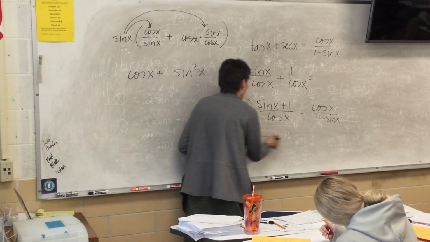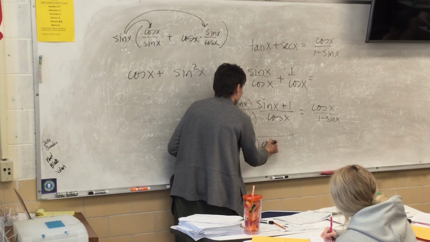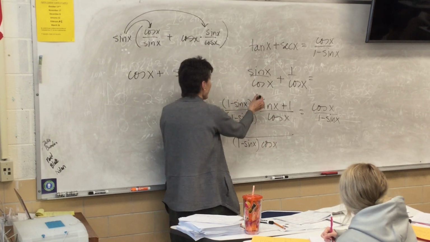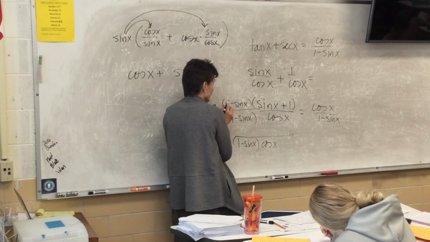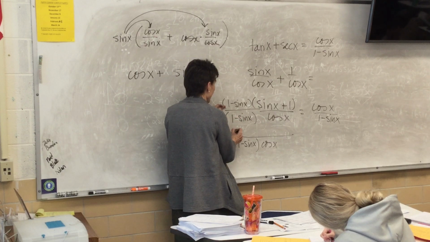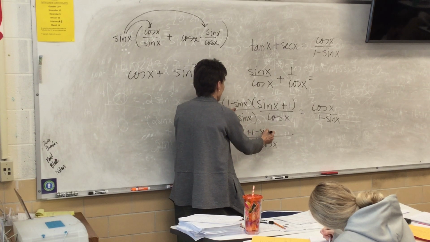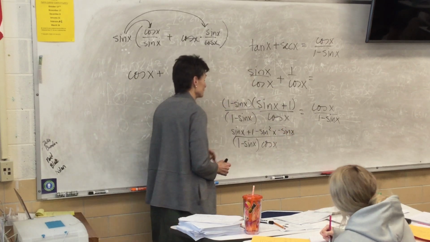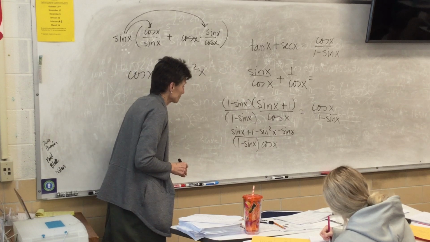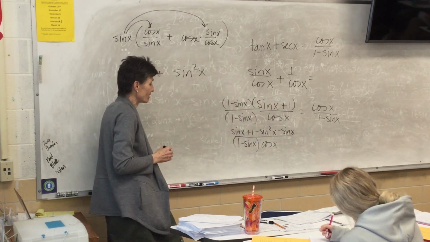Now, on the bottom, I'm just going to leave it. And now on the top, I'm going to FOIL. So foiling, F-O-I-L. Sine plus 1 minus sine squared minus sine. I just FOILed those two parentheses together.